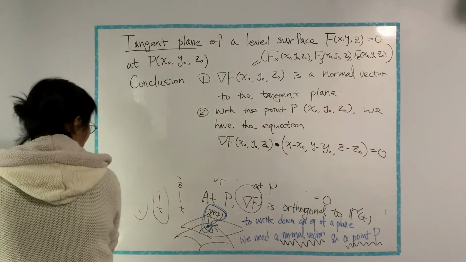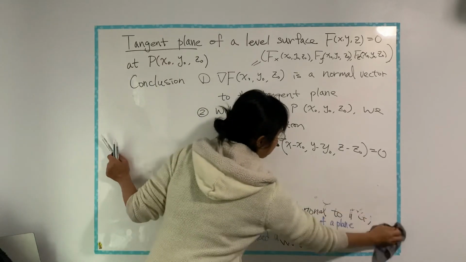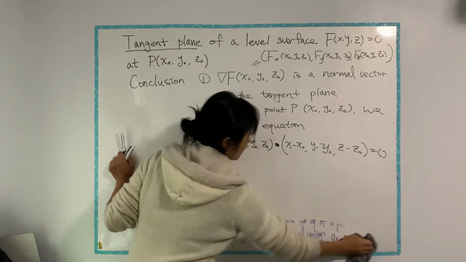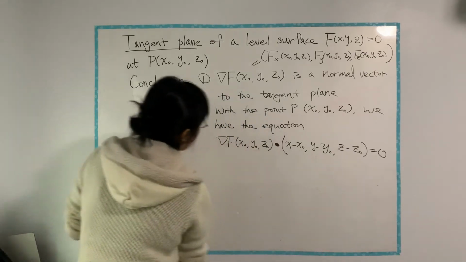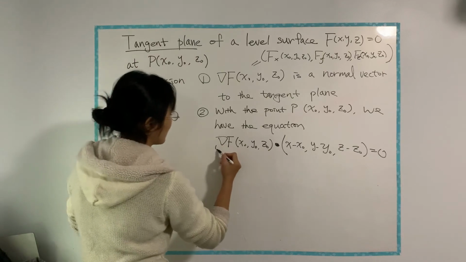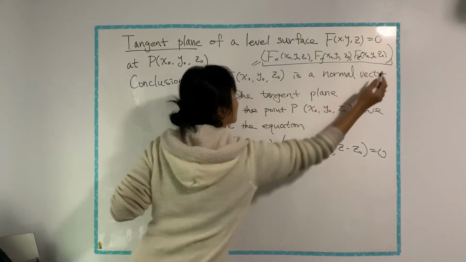Okay, so if I want to write it out, I can replace the gradient by what we actually have for the vector.